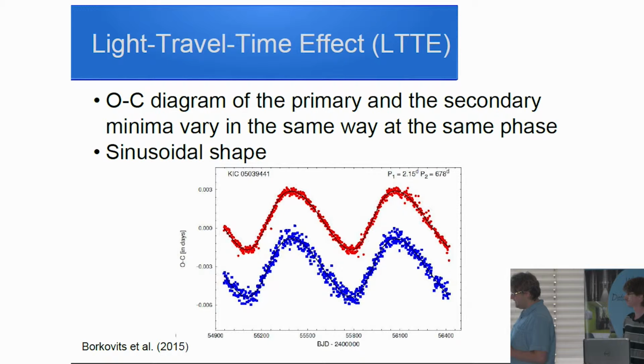Because the distance of the eclipsing binary from us is changing, we get a kind of sinusoidal shape. I think here the red one is the primary, and the blue one is for the secondary minima in the O minus C diagram.